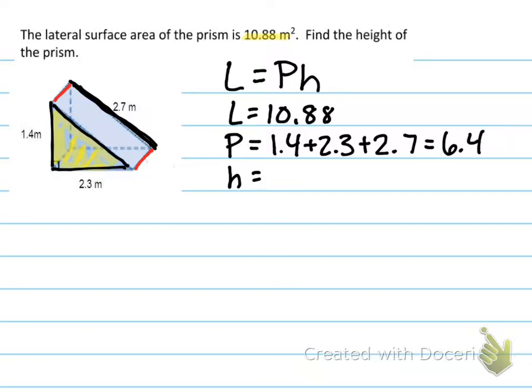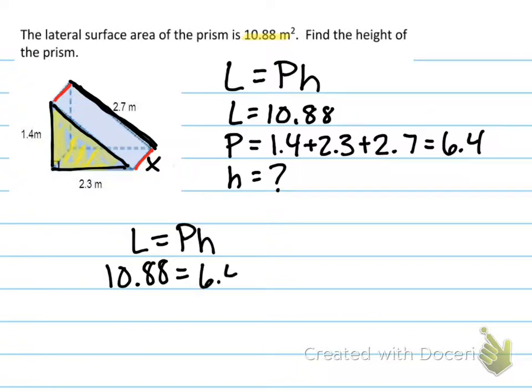And the height of the prism, we don't know what it is. That's what we're trying to find. So if I have my formula, L equals PH, and I put in everything that I have, I don't have H. So I need to find a number that when I multiply it by 6.4, I get 10.88.